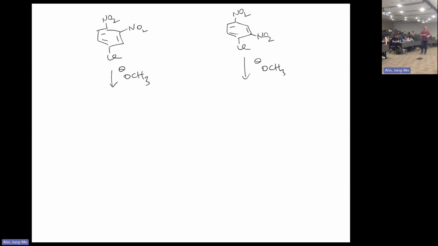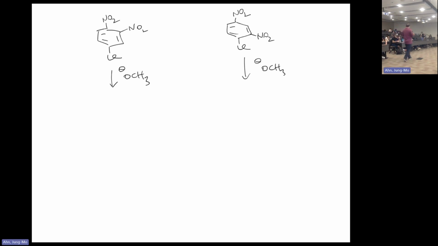I mean, both will be substituted, I guarantee. Both will be substituted. We have done this before. But one goes faster than the other. So which one will be faster? If you remember what I said already, I already gave the clue.